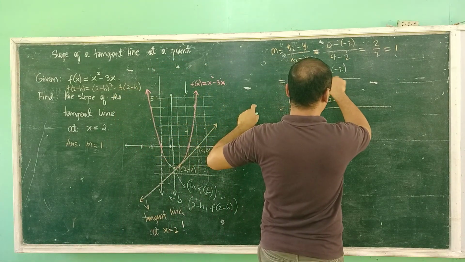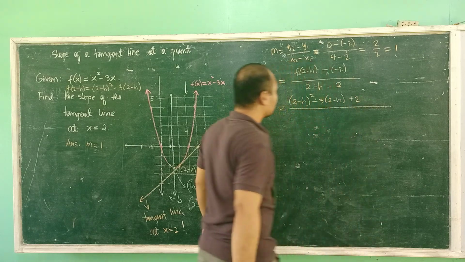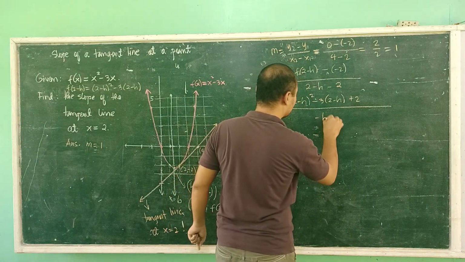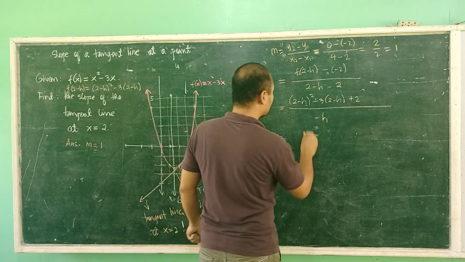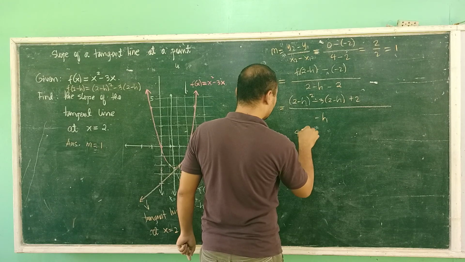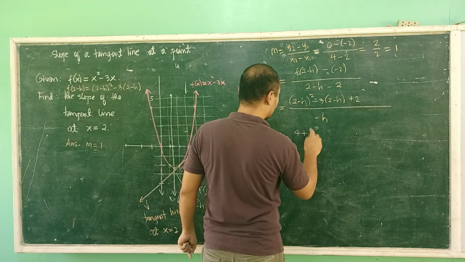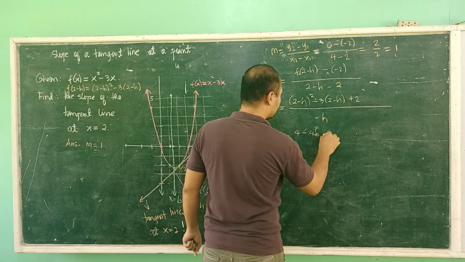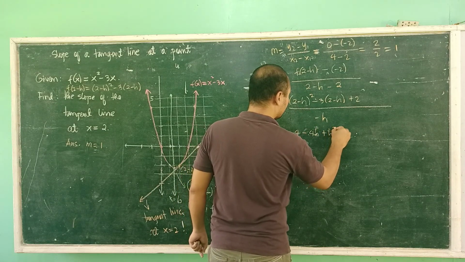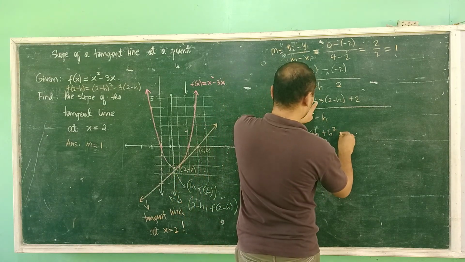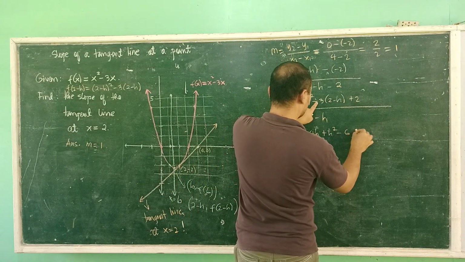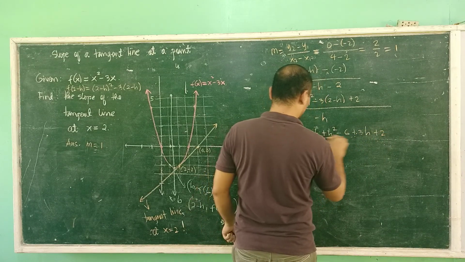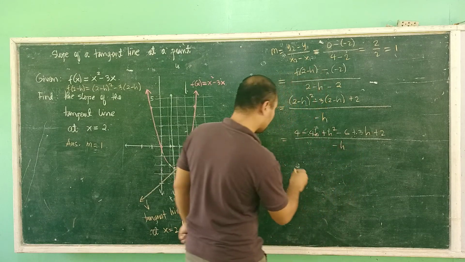Negative 2 minus negative 2, that's plus 2. So 2 minus 2 is 0, so that's negative h. We can expand it as 4 minus 4h plus h squared, minus 6 plus 3h, plus 2, all over negative h.